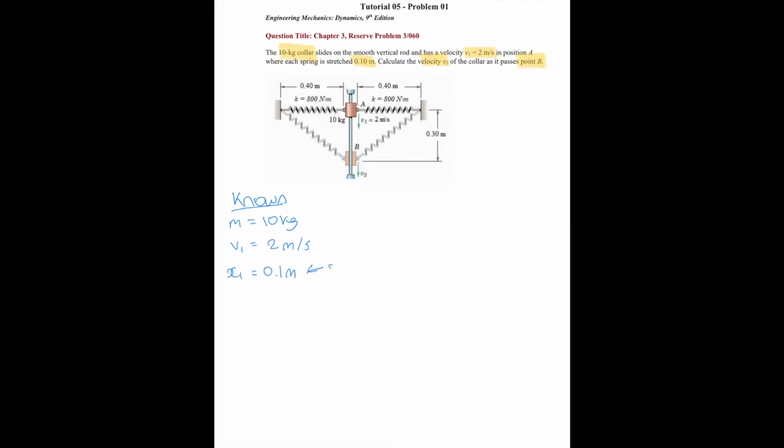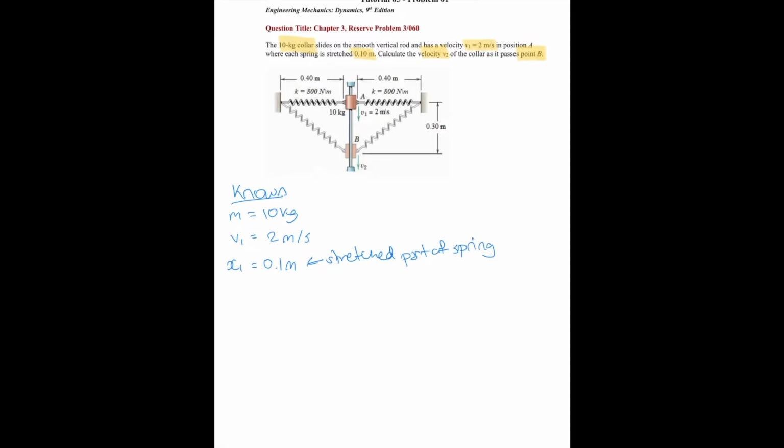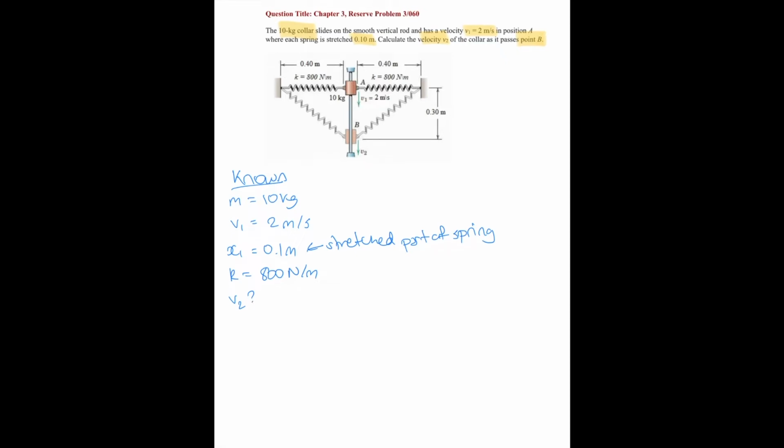This is the stretched part of the spring. The stiffness of the spring is 800 newtons per meter, and we want to find V2.